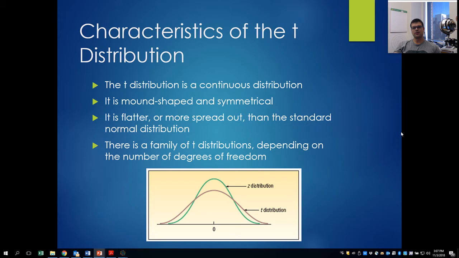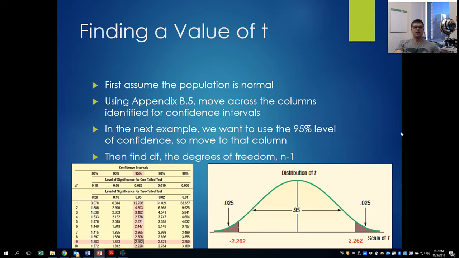And also there's a family of t-distributions based on the number of degrees of freedom. Okay, so when finding a value of t, the first thing we need to do is test to ensure that the sample is normally distributed.